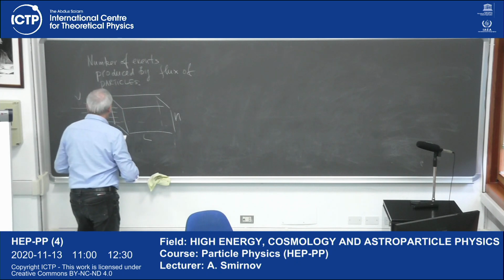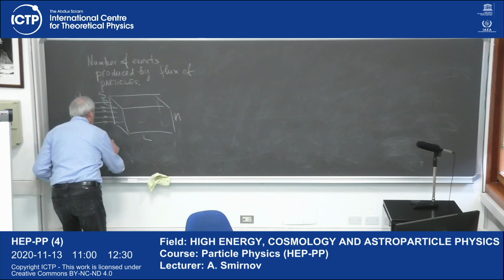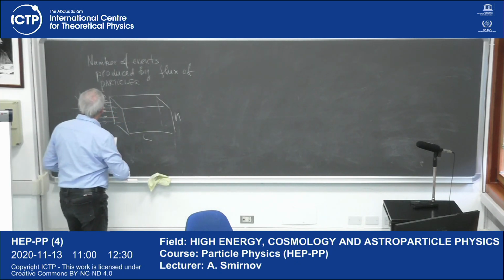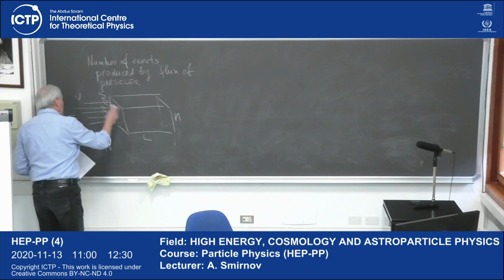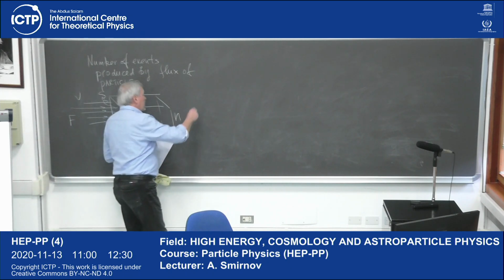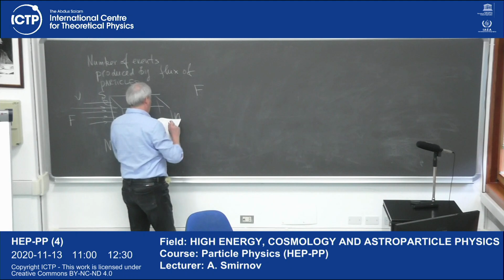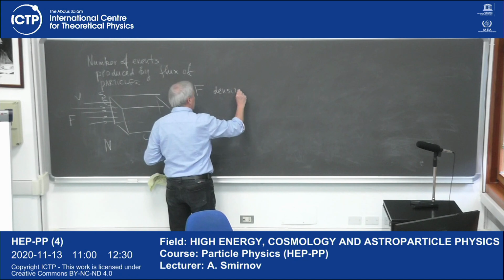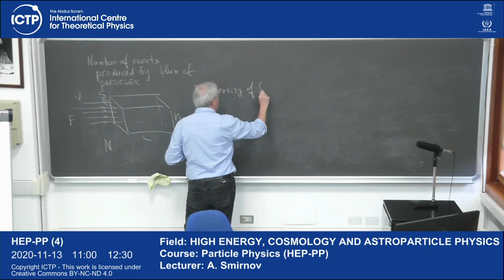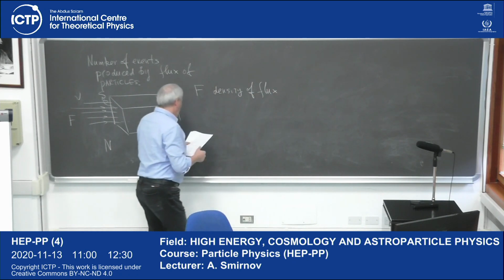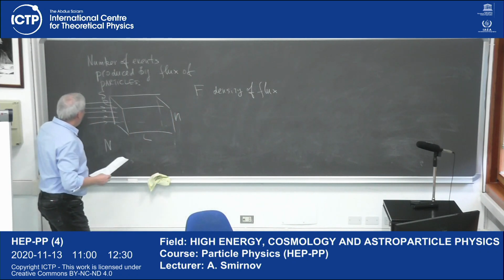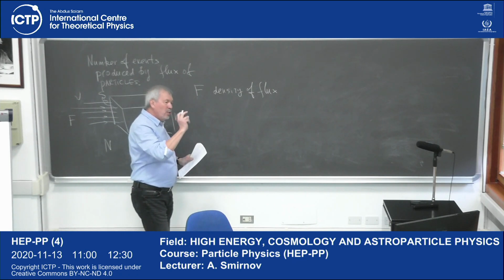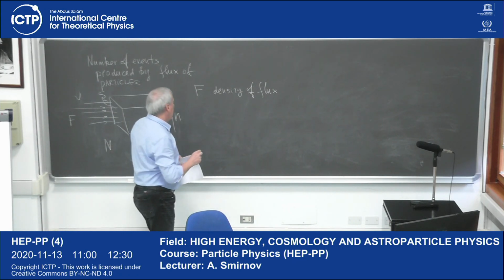So what we want to compute is the number of events in the unit of time for a given flux produced inside the detector. So we introduce F, which is the density of the flux. This is the number of incoming particles which are crossing the unit of surface in the unit of time.